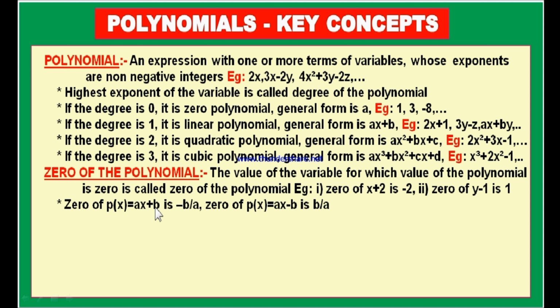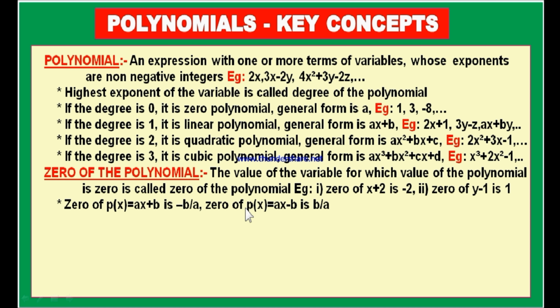Therefore, equate this polynomial to 0. ax plus b is equal to 0. Then ax is equal to minus b, and x is equal to minus b divided by a. Therefore, the zero of the polynomial p of x is equal to ax plus b is minus b by a.